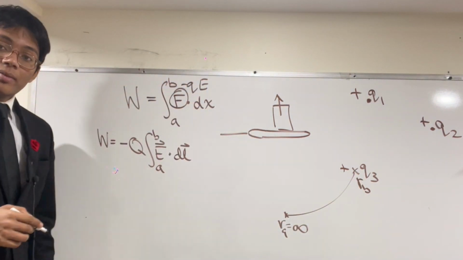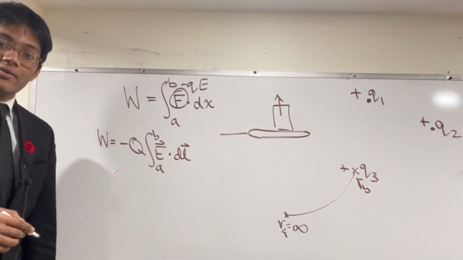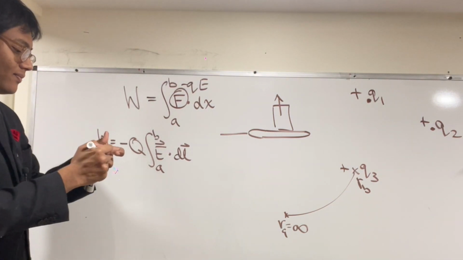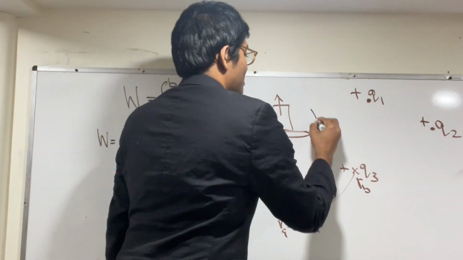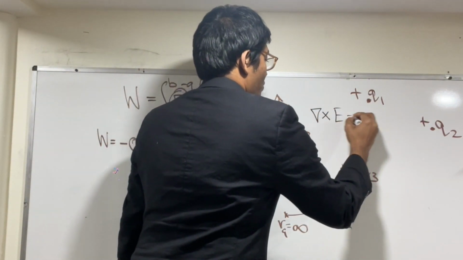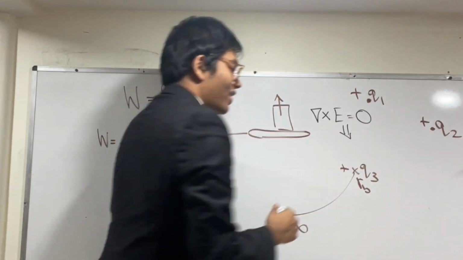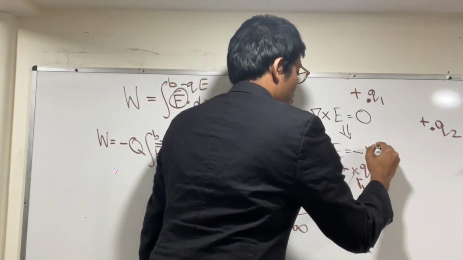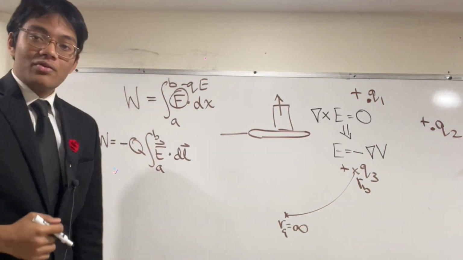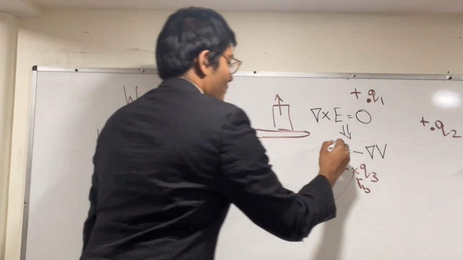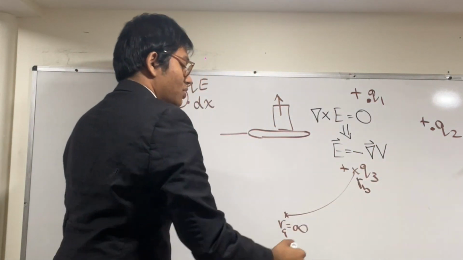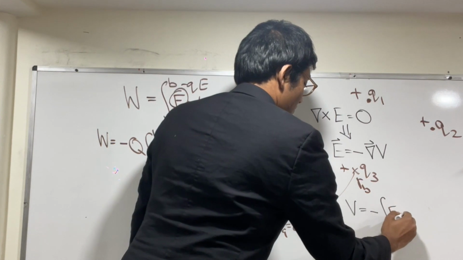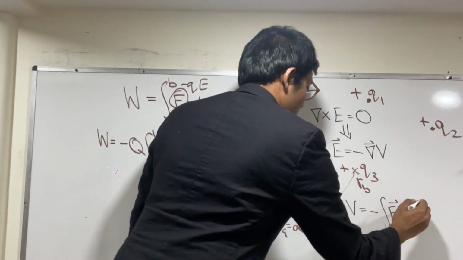Well, this may look familiar. Minus the integral of E dot dl. What is the integral of E dot dl? Remember that because the curl of the electric field was 0, we were able to define a scalar potential function, the electric potential function, whose negative gradient was the electric field. And to go from the potential to the electric field, all we needed to do was integrate E dot dl, right?